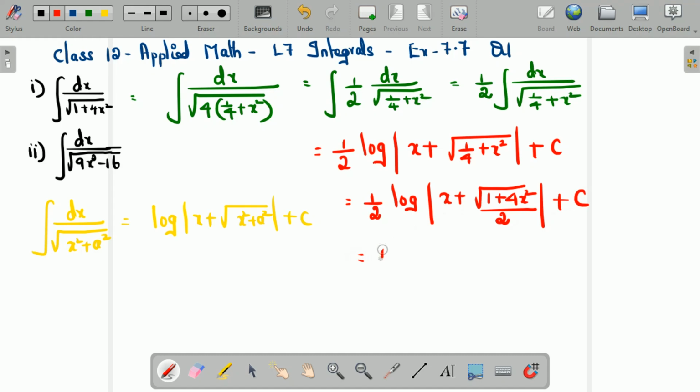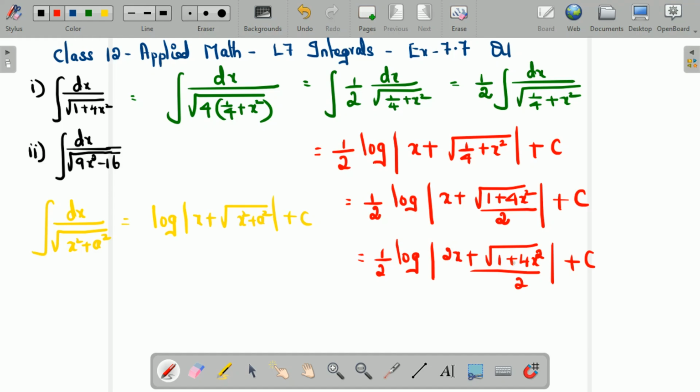Now take LCM. So this is 1 by 2 log of 2x plus square root of 1 plus 4x squared, the whole thing divided by 2 plus c will be there. So I can split this as minus of half log 2, because log of a by b is log a minus log b.